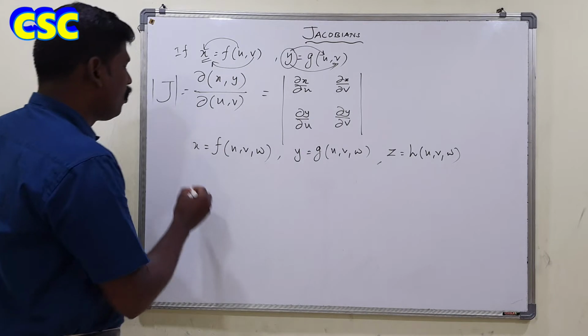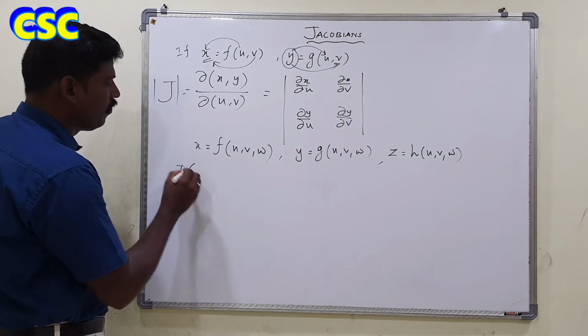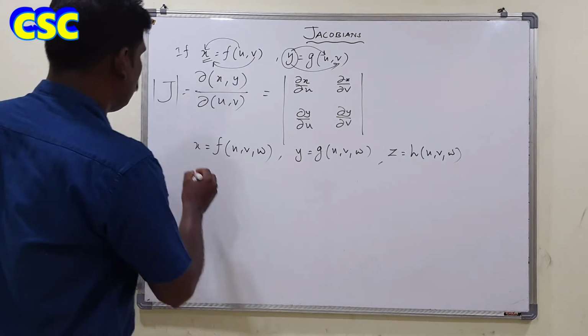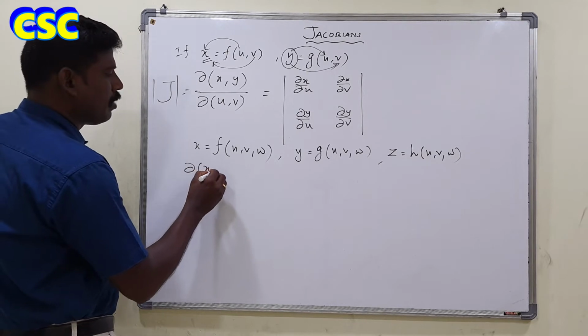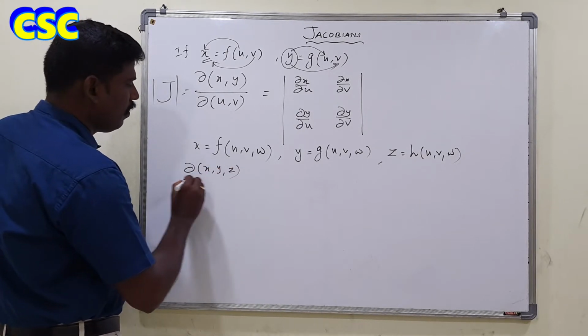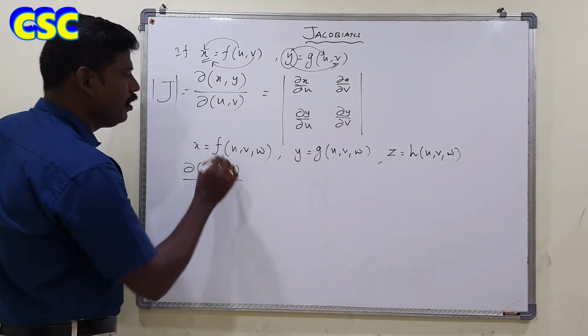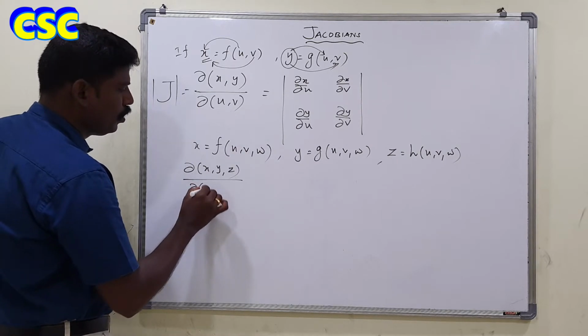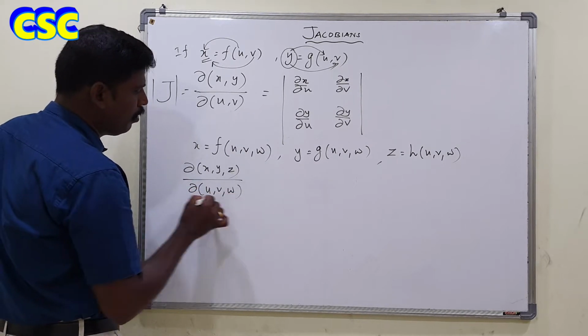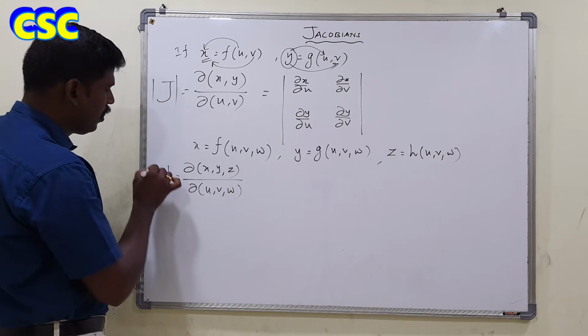Then how do we find the Jacobian of x comma y comma z with respect to u comma v comma w?